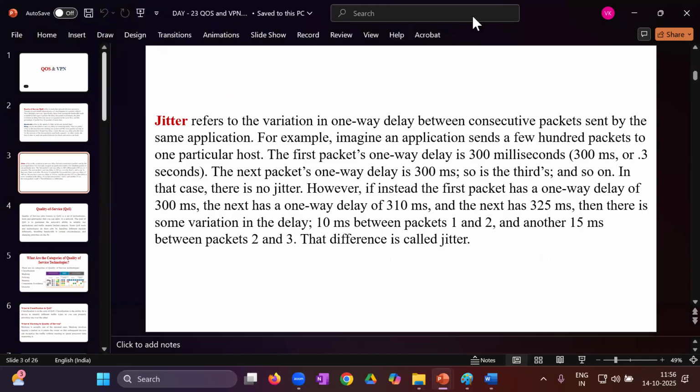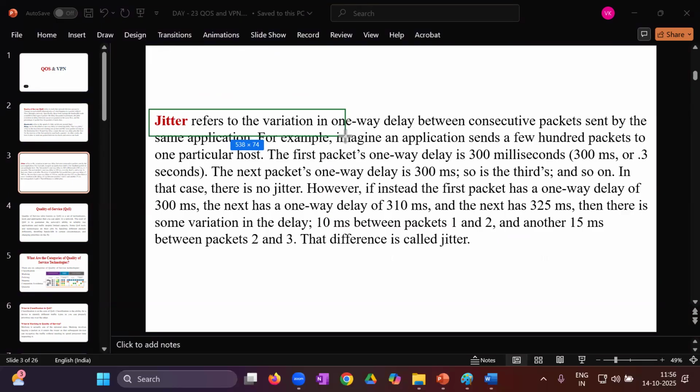Now, what do you mean by the term jitter? Jitter refers to the variations in delay. Variation in delay means, let's say for the first time the delay was 300 milliseconds. Later on, your delay increased to 310 milliseconds. Then later on, your delay increased to 325 milliseconds.